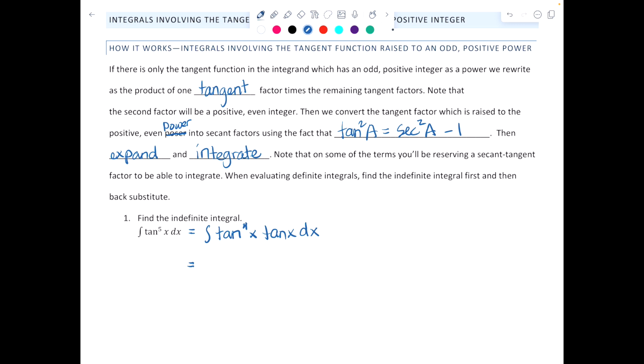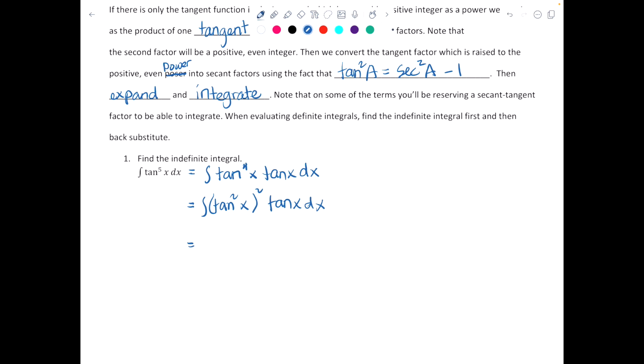So evil plan, on some of them you're going to have g of x equal to secant at x. So if we think of this as tangent squared at x, squared, times tangent at x dx, then we can start turning this into secant factors.